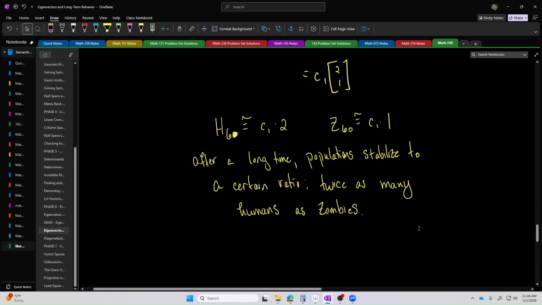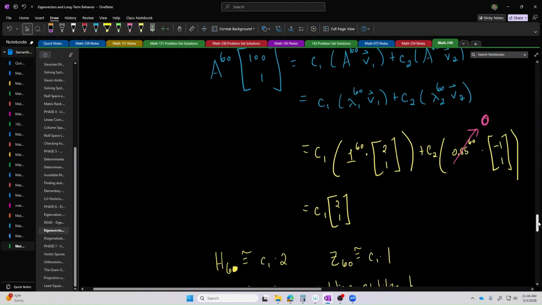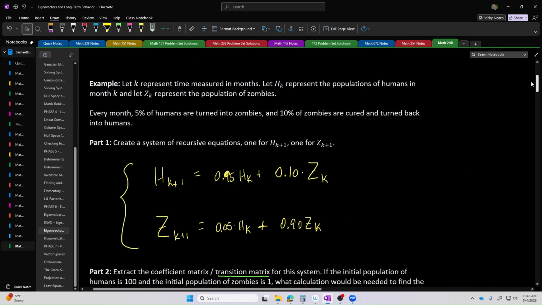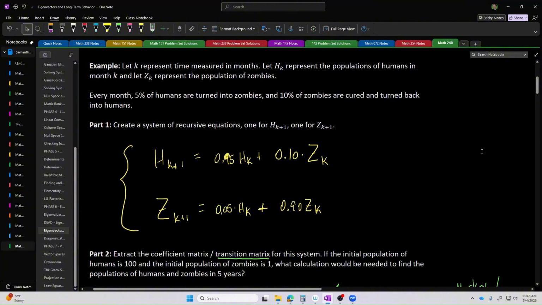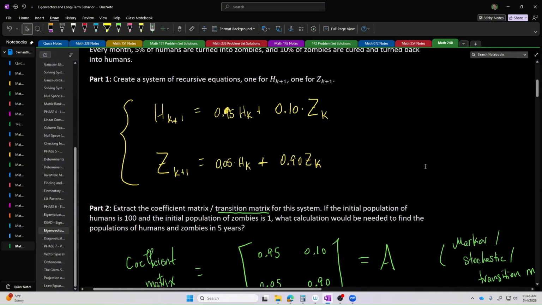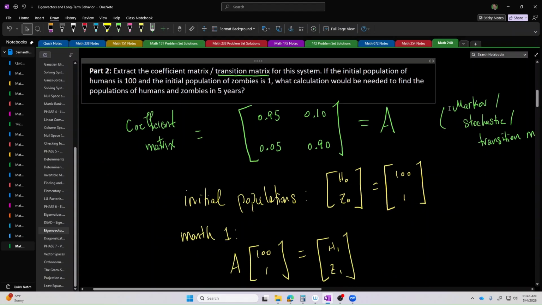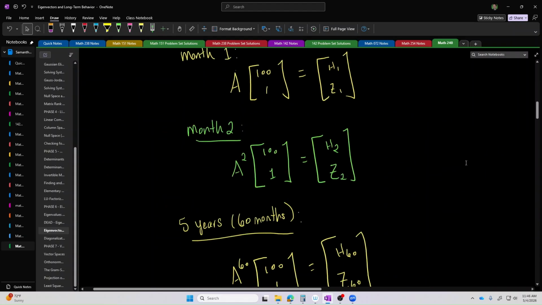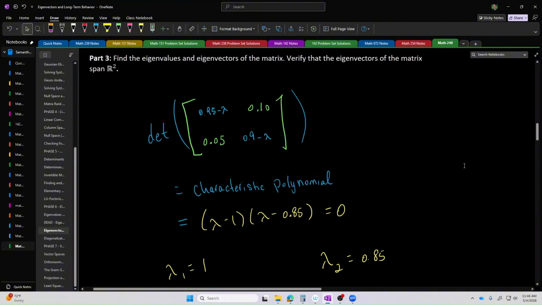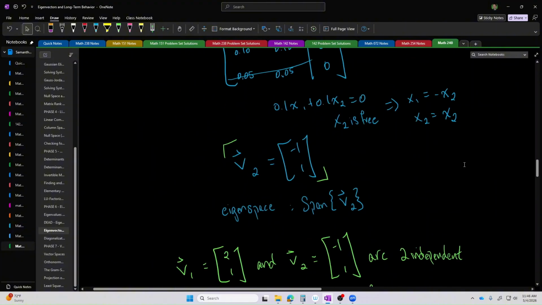So this is how eigenvalues and eigenvectors can be used to predict what's going on with a dynamic system like this that's evolving over time. We started by writing down a system of recursive relationships that showed us how the populations were evolving from one month to the next. Then we extracted the coefficients, we extracted the transition matrix for this system, and we found its eigenvalues and its eigenvectors.